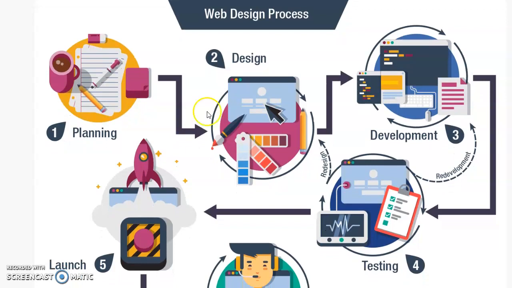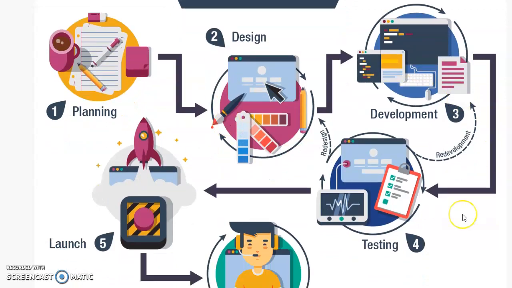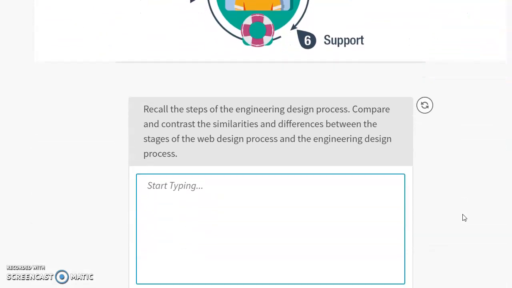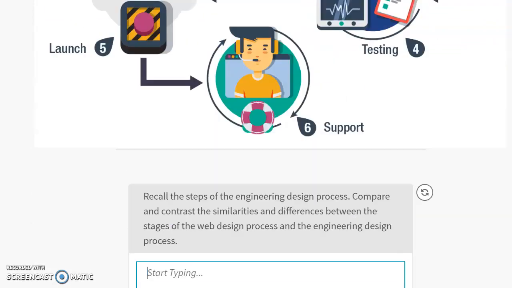So here's the whole design process for planning and designing a website. How is this similar to the engineering design process? So the person has a question and idea about a design or a problem, both when they are engineering and web designing.